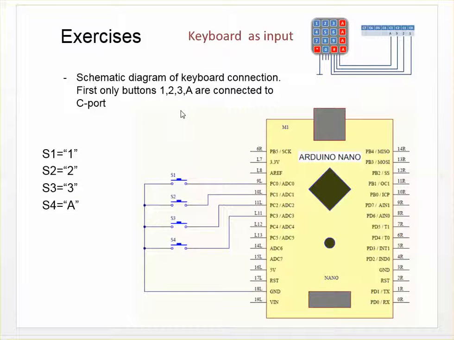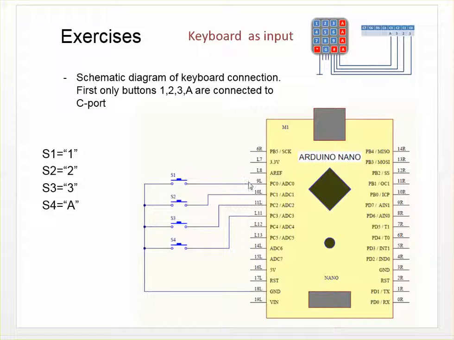And here's the schematic diagram of our keyboard wiring, our keyboard connection. So here are these switches, the keys from that upper line: 1, 2, 3 and A. These are the keys which represent those switches here.